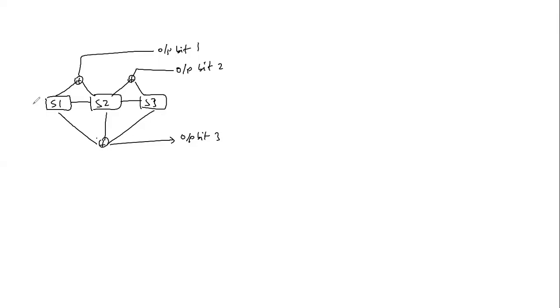So here we have the input. Since we also have 3 shift registers, the total number of states will be 4, right? That's 2 to the power of 3 minus 1, which is 2 to the power of 2, which is 4 states.